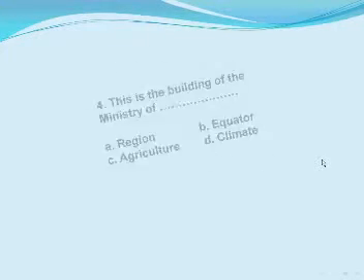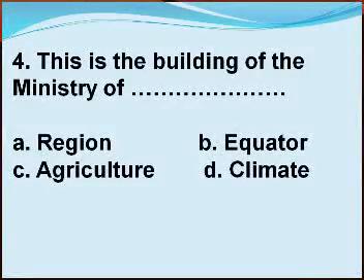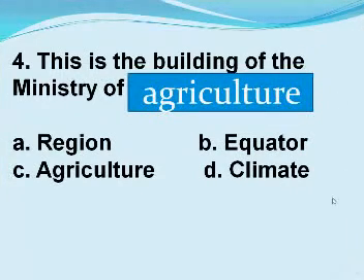Number 4. This is the building of the Ministry of blank. So we need a name of a ministry here. The Ministry of Region, Equator, Agriculture, or Climate. The only name we have here of a ministry is, very good, Agriculture. The Ministry of Agriculture.